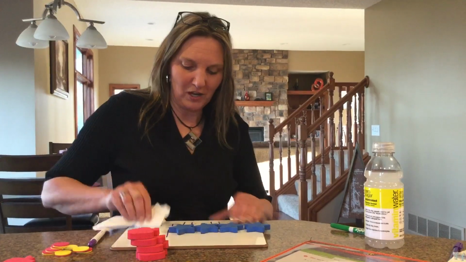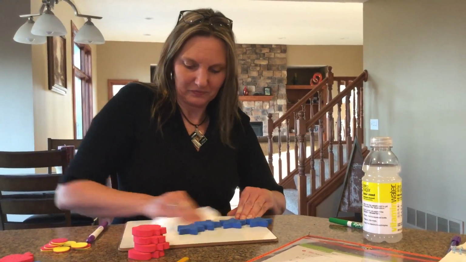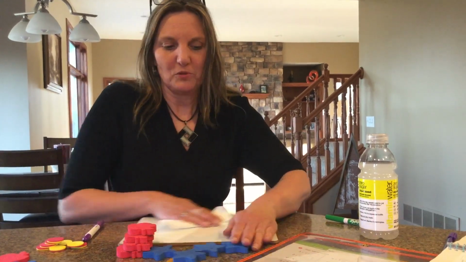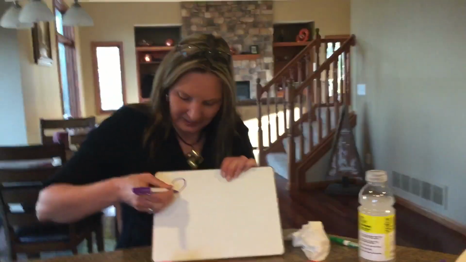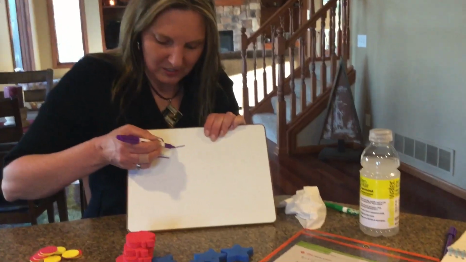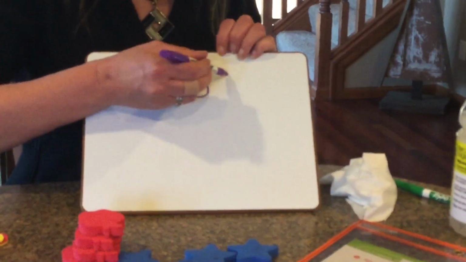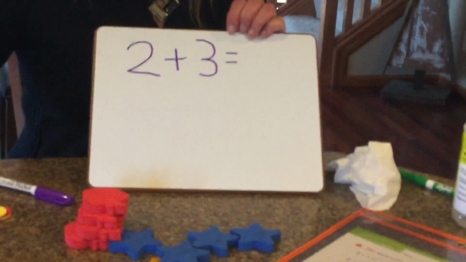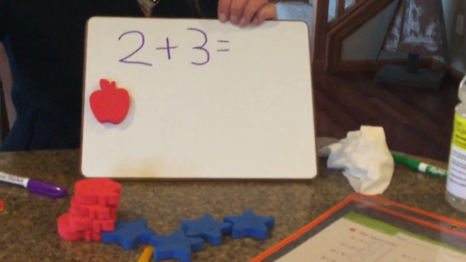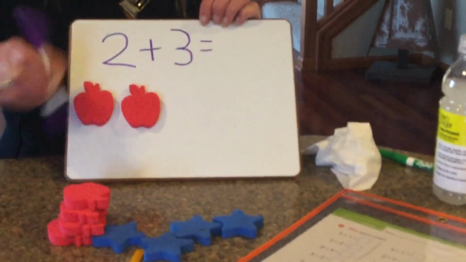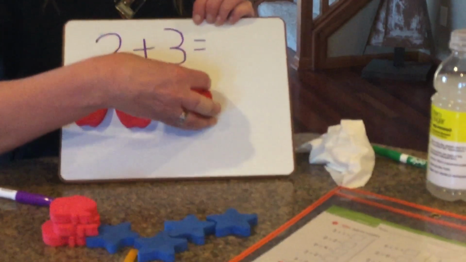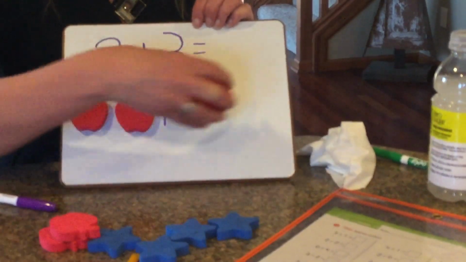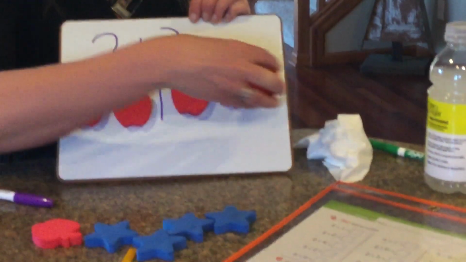Got a couple more adding ones to do. I hope you're writing in these answers as we go to save you some time and help with your learning. 2, there's my 2 lines for my plus. 3 equals. I had 2 apples, and then I saw 3 more.